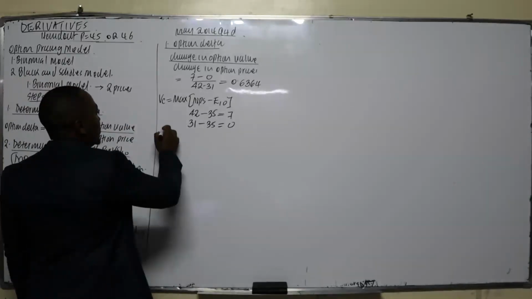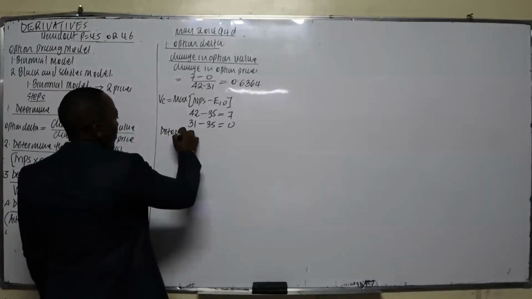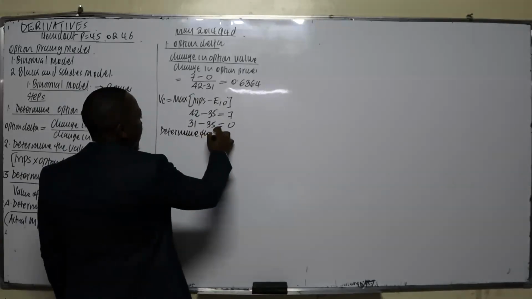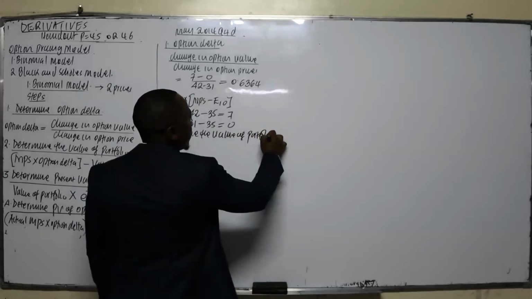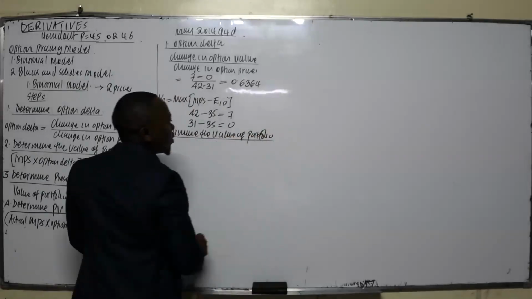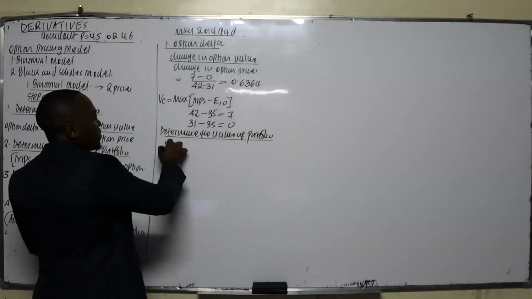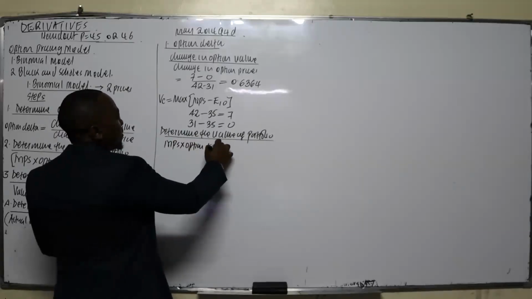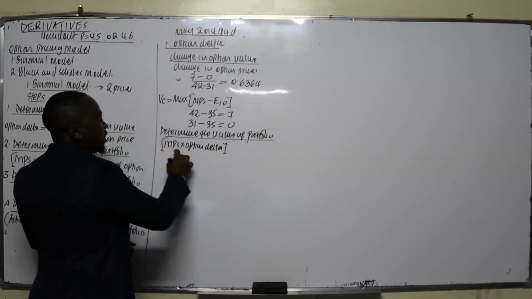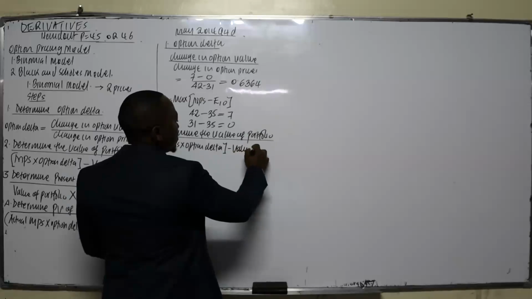Step number 2. You determine the value of the portfolio. And how do we get the value of the portfolio? You take the market price per share, multiply by the option delta, then minus the value of the option.